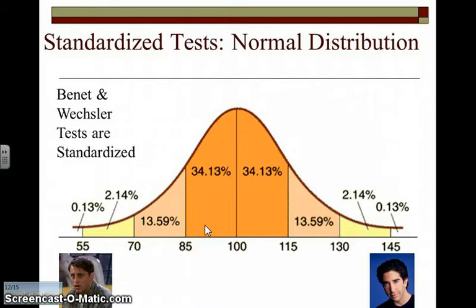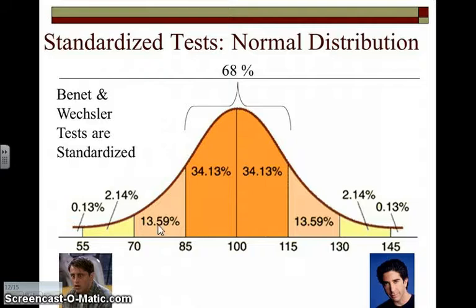Another 34% of the population score within one standard deviation above the mean. If you add those together, that essentially means that 68% of the population score on an IQ test between 85 and 115.